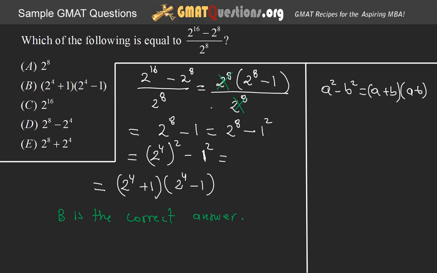So it's nice to notice that you had a chance here to perform two different types. Remember, I told you there are three different types on the GMAT. There are more types of factorization, but on the GMAT, expect to find one of these three types. And in this particular question, we were able to use two of those types. Thank you for watching.